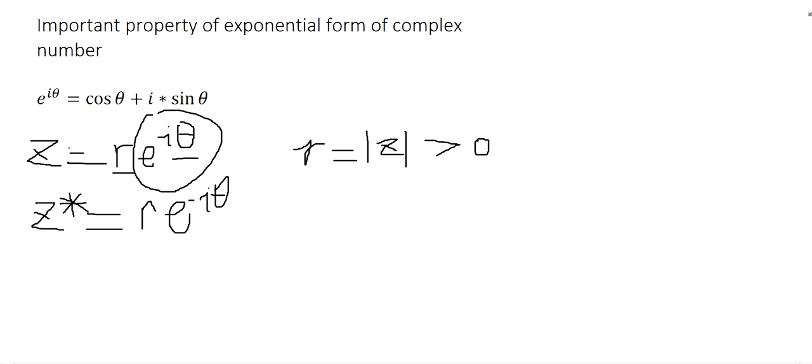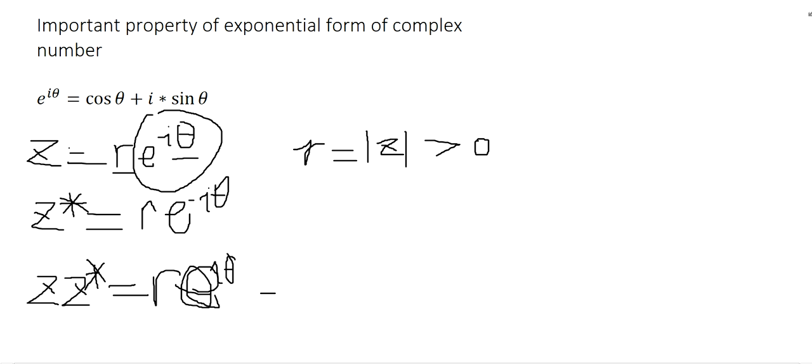Now, in previous videos, we talked about the important property when you multiply a complex number by its complex conjugate. We learned that it is real and positive. Now let's do it using the exponential form of the complex number, which is r e to the i theta times r e to the minus i theta.